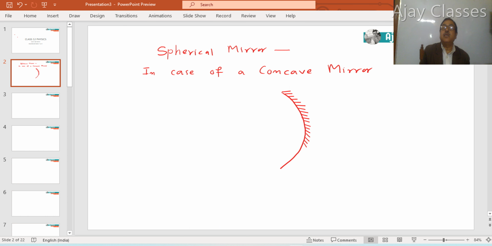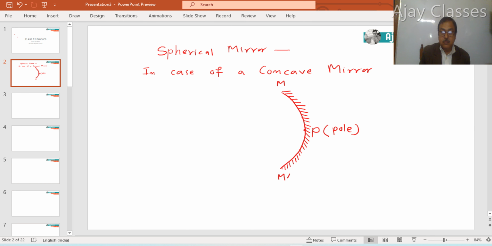The shaded lines show that there is a coating on the mirror. Give the name of the mirror M and M dash. The rule is that first of all we choose the point P, which is called the pole of the mirror.